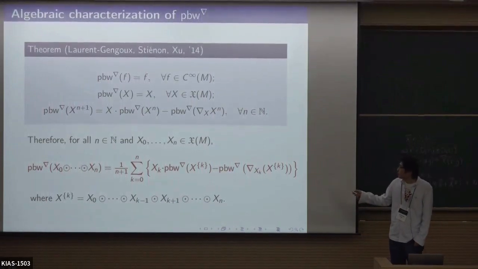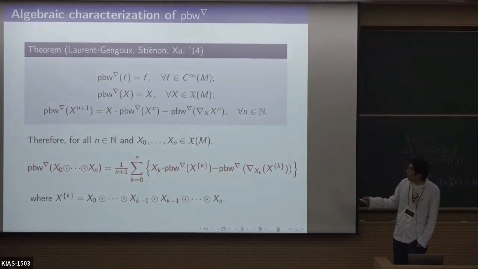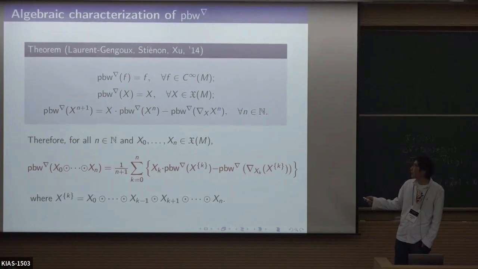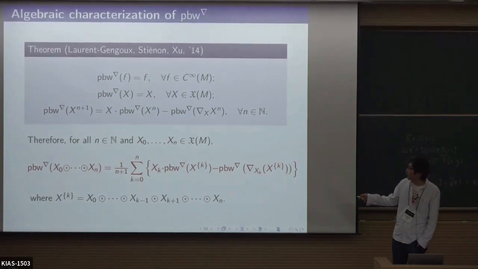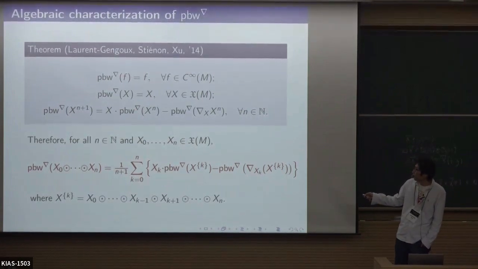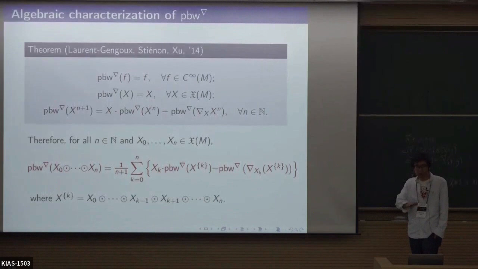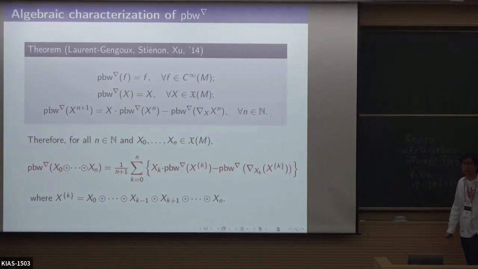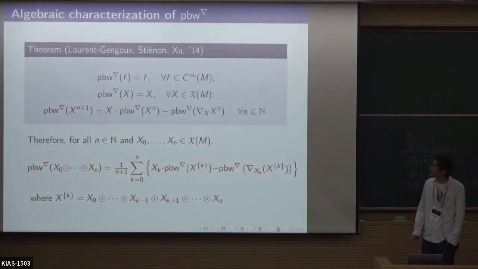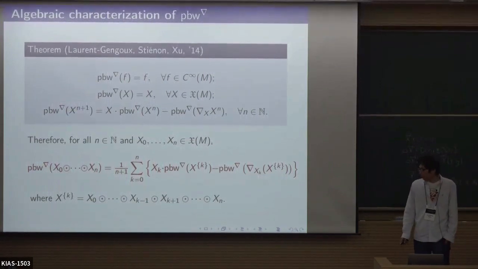So functions are preserved, vector fields are preserved, and higher symmetric tensors of vector fields are given by a formula involving only n tensors, although the input is the n+1 tensor. So by increasing the number of tensors, we get the complete characterization of this Poincaré Birkhoff Witt map.